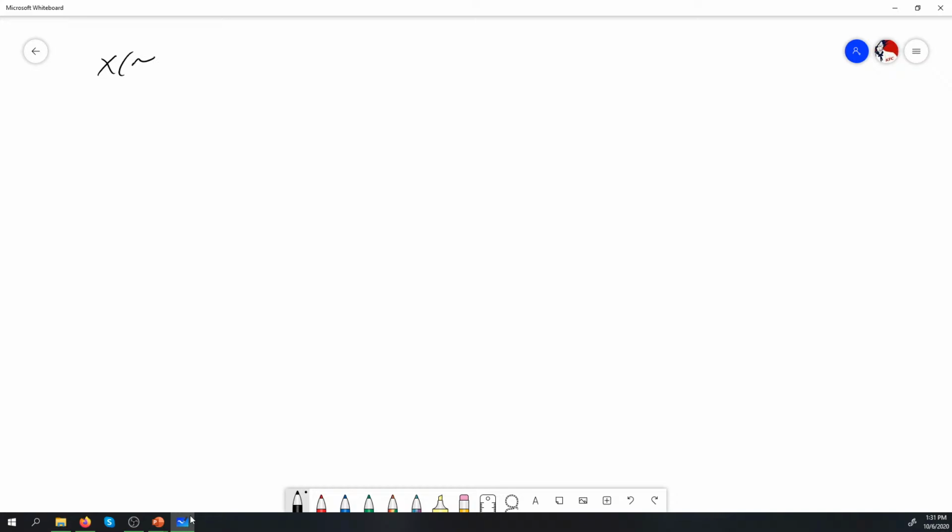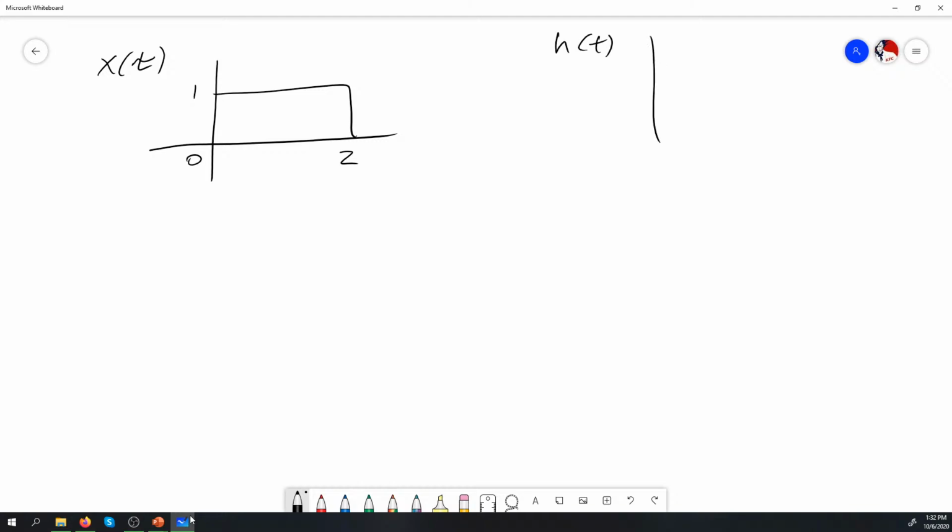So we have an x of t signal here, being 0 to 2, with magnitude of 1. And our h of t signal is basically the same thing.